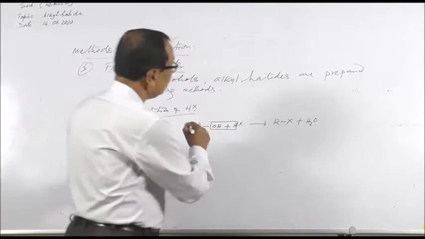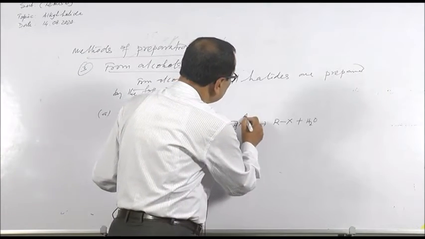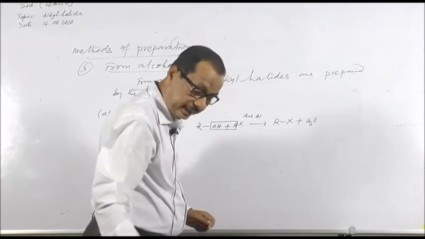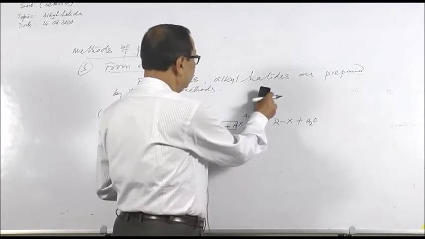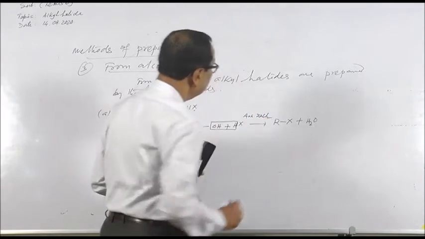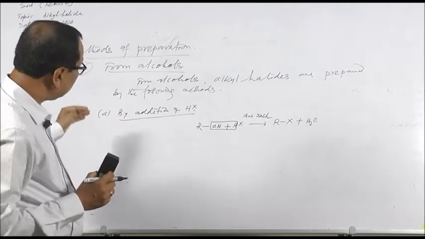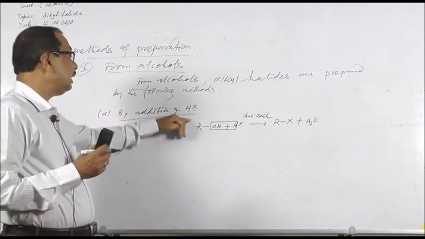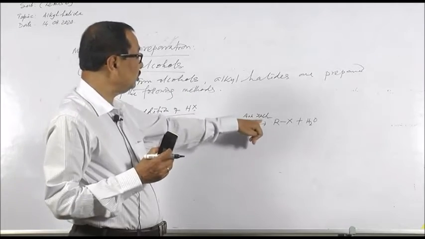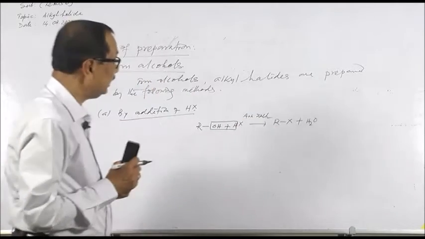This reaction occurs in the presence of anhydrous zinc chloride. So when alcohol is treated with the corresponding haloacids in the presence of anhydrous zinc chloride, the corresponding alkyl halide is formed.